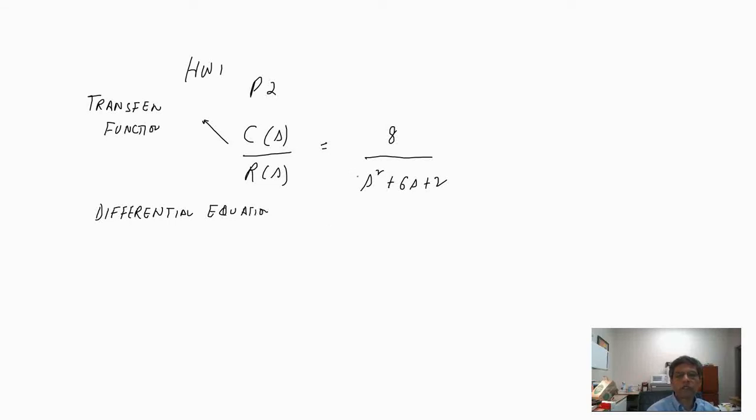Pretty interesting. Okay, so how do we do that? Well, first of all, let's cross multiply. So this guy goes here, this guy goes over there. So now you will have s squared plus 6s plus 2 times the C(s). Okay, that's not that bad, is it? So this goes on the right hand side, this becomes 8 times R(s).